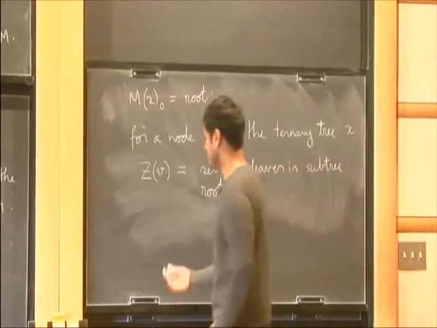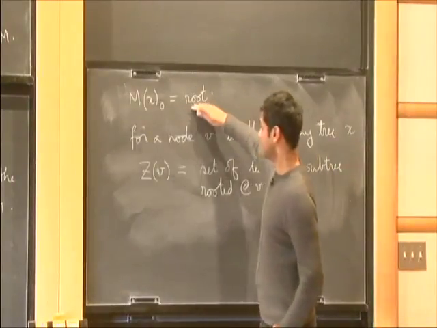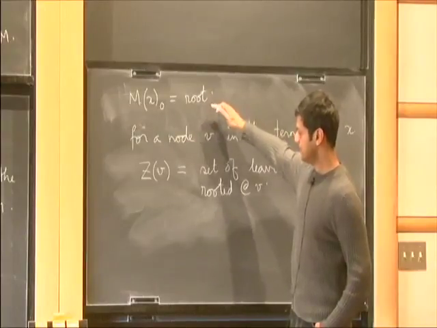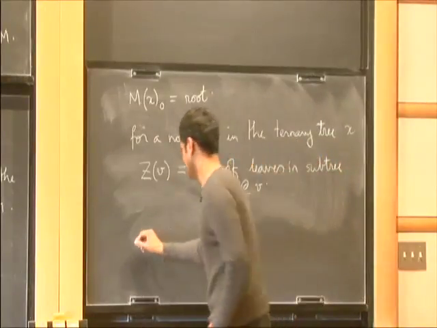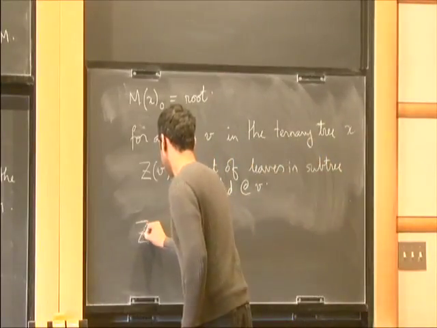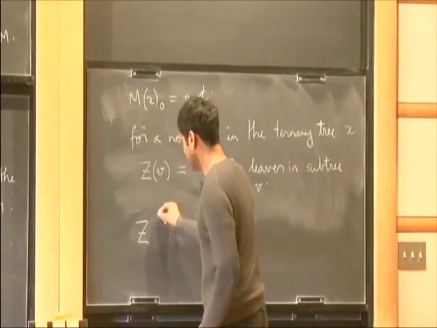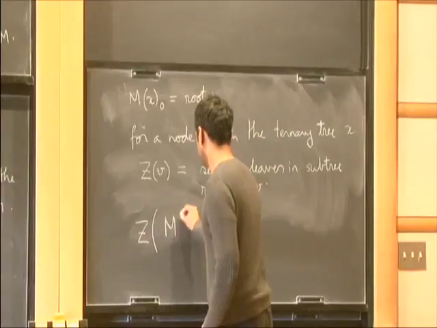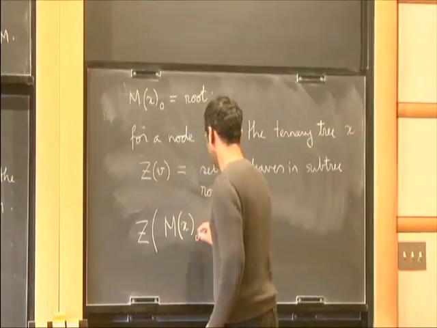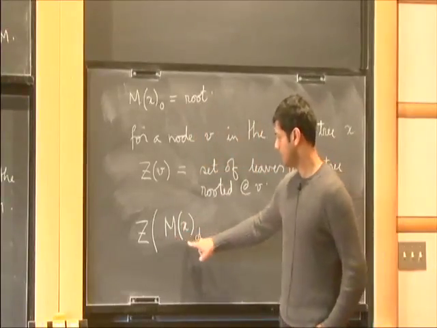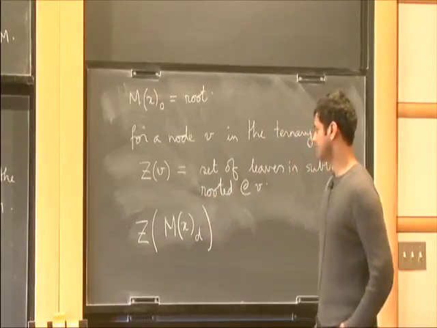So we're going to look not only at the variables under the root that are queried, but we're going to refine this a bit further. We're going to look at the variables under the dth minority node in m of x that are queried.